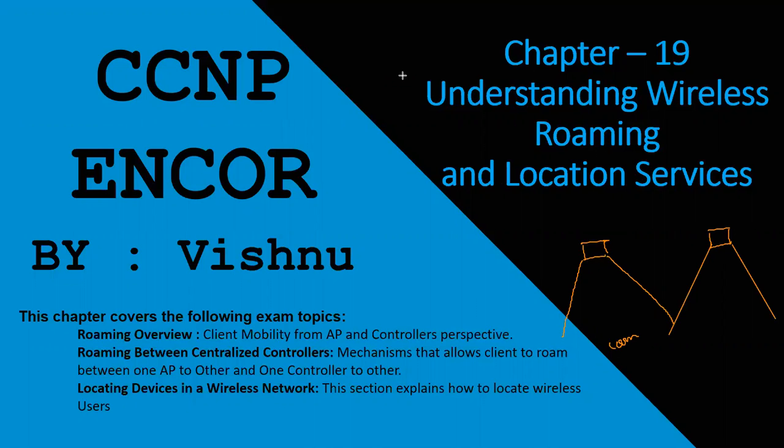Now, if a guy who is standing almost here in this location moves all the way from here to slowly move back here, he travels from one AP service area to another service area. The area in which my AP provides service is normally termed as BSS, Basic Service Set, and the Wi-Fi name to which I am connected is called SSID.